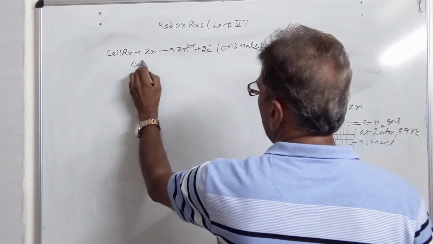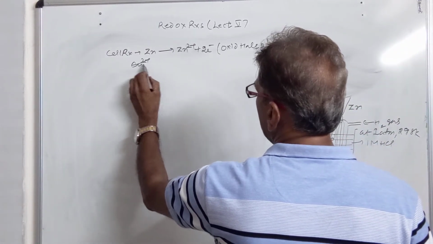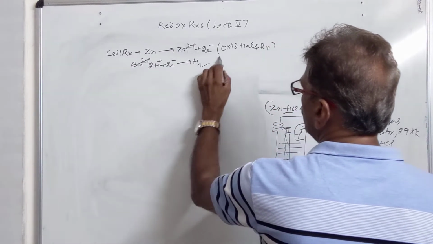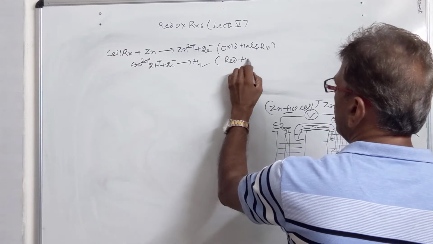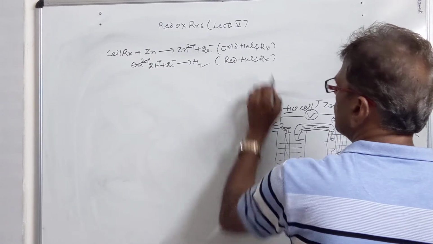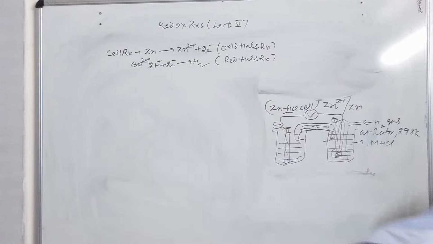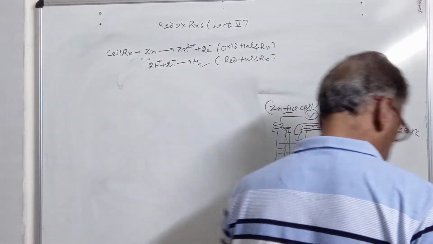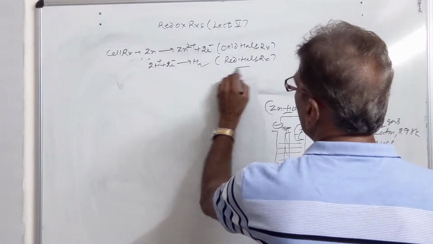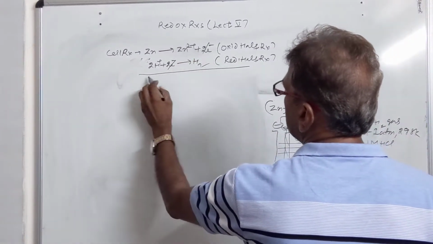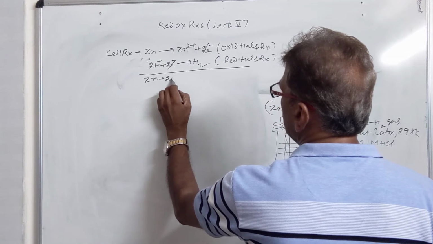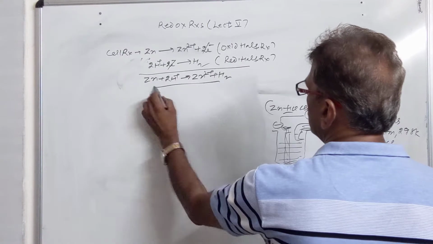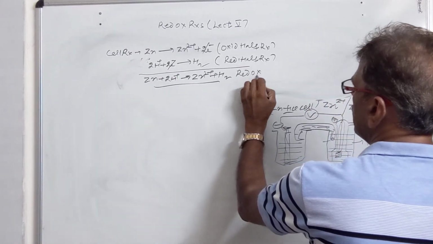These electrons are gained by the H+ ions, and this changes into H2. This is called the reduction half reaction. Now these two reactions are added together, and that gives the redox reaction of this couple. So electrons are cancelled: Zn plus 2H+ changes into Zn2+ plus hydrogen. This is the redox reaction.